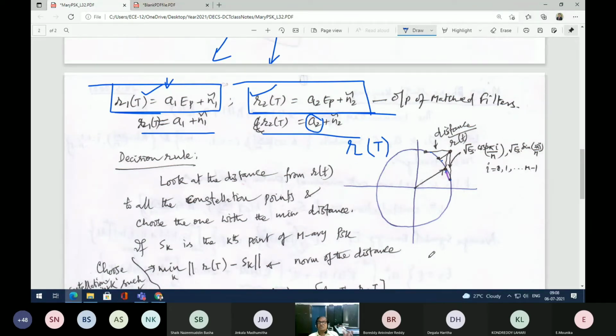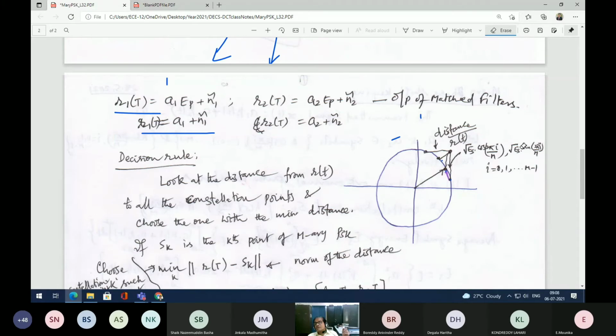R of t can be represented as R1 of capital T and R2 of capital T, because these are the outputs of the corresponding matched filters at the I channel and Q channel, the quadrature channels. This R of t is corrupted by noise.